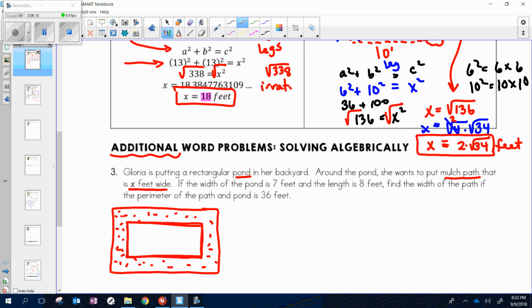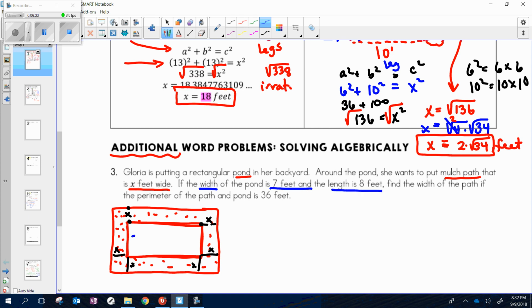And it's going to be X feet wide. So from the pond to the outside edge, that's an X. So it's X straight out from the pond, all the way around. X, X, okay. The width of the pond is 7, length is 8.